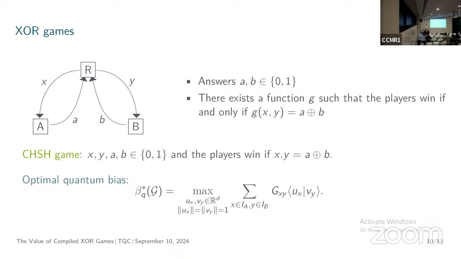So I don't have to maximize over all non-local strategies or quantum strategies, but I can really look at vectors in R^D and maximize over all those vectors, which is way easier than doing this for quantum strategies.